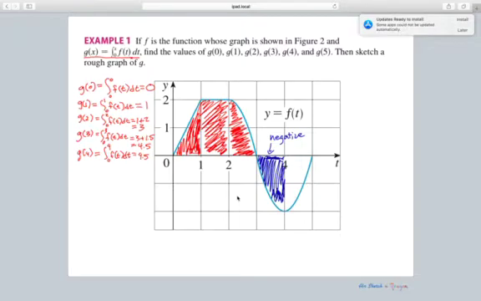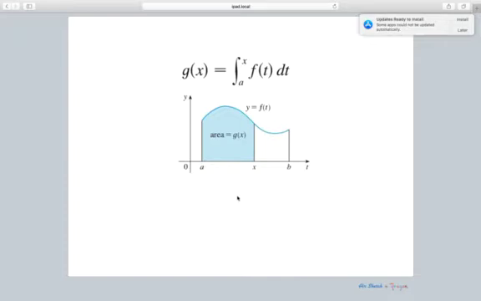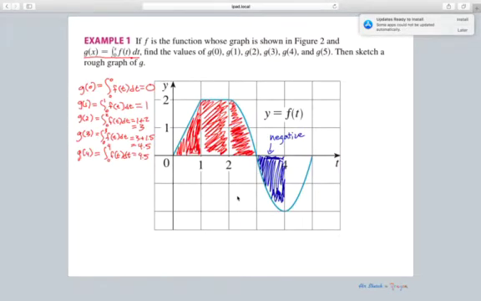That's about the same area as the area was up here, but we're going to now interpret that as negative. So I'm going to say 4.5 minus 1.5, which gets us back to 3. So g of 4 is 3.